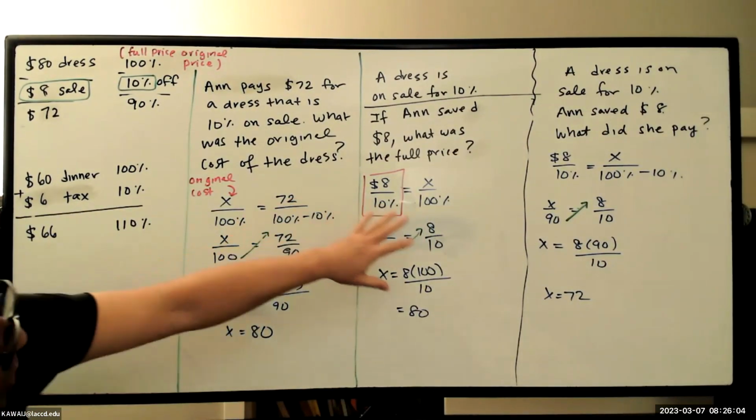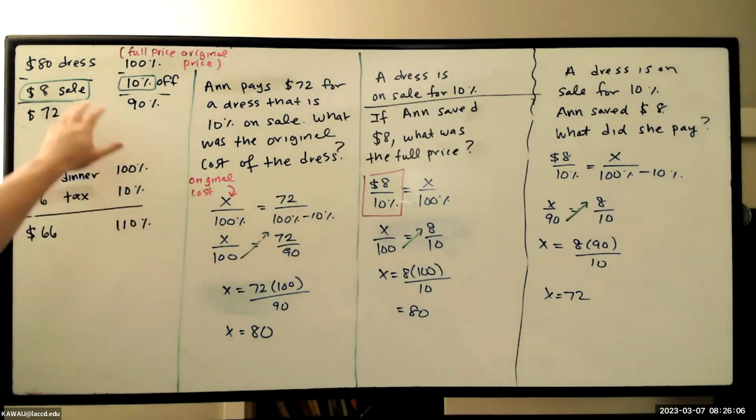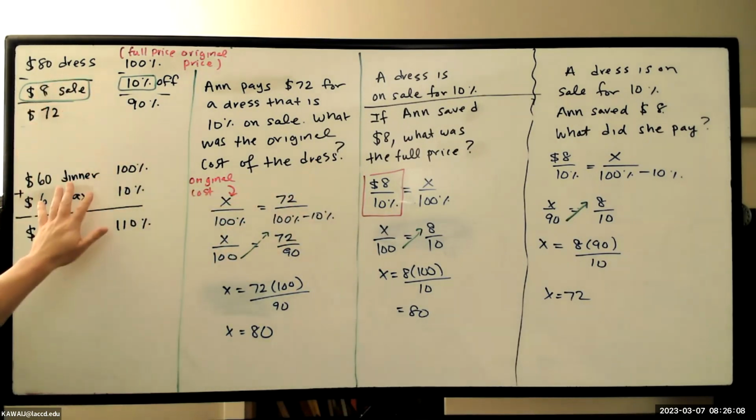All right, now let's do this without a safety net where I don't have these numbers here. Okay.